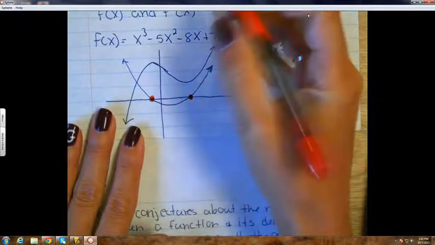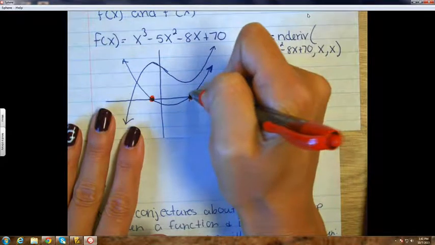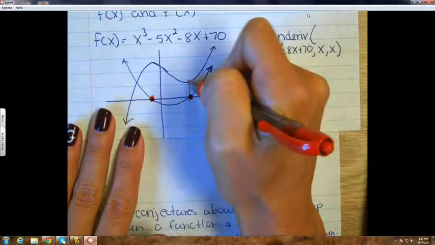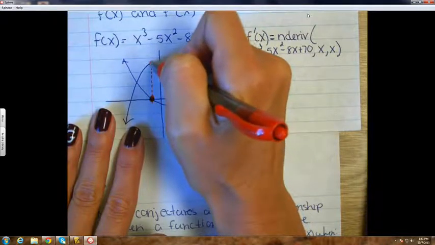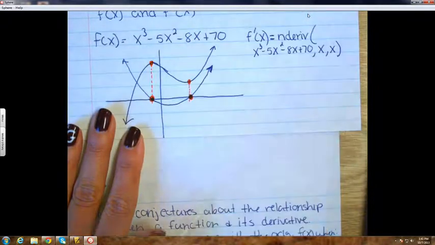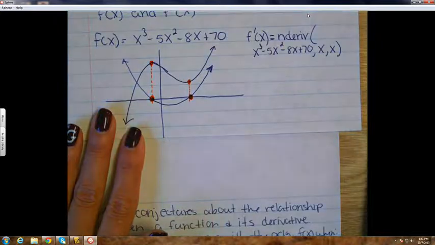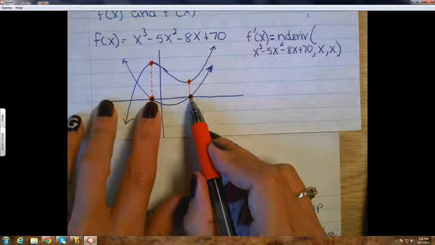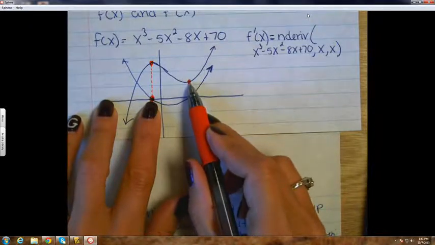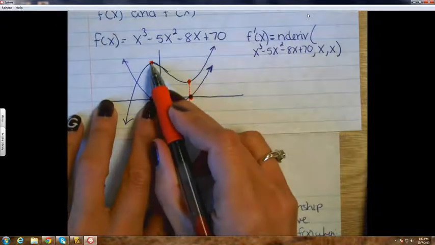Well, if you take a look at the original function, what's happening on the original function at those 2 spots where the derivative was equal to 0? Hopefully you're able to tell me that here the original function was a minimum, and here it was a maximum.